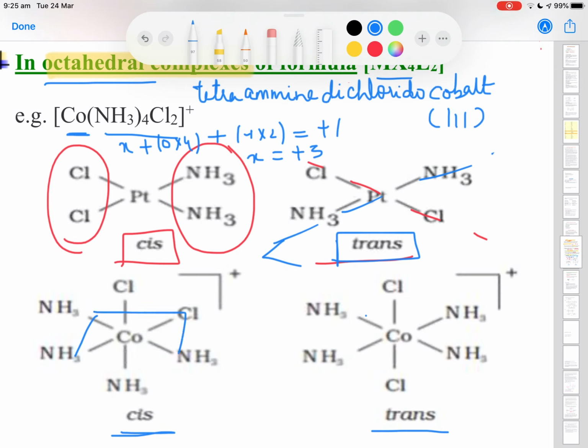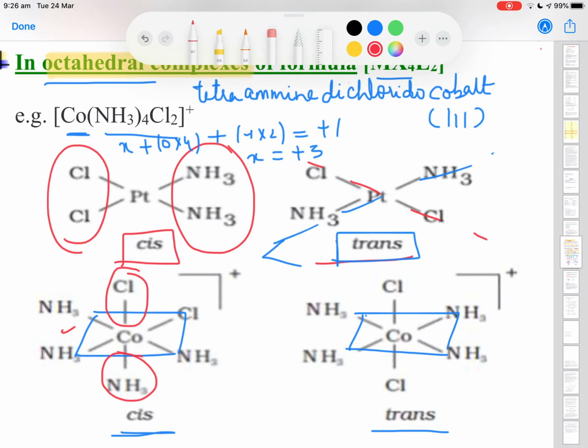So here is one plane for you. Here as well, this is one plane for you. To this plane, we are making a perpendicular line, that is a line passing through this plane which is half above the plane and half below the plane. That's to mark over here. I'm talking about this one and this one. So in 2D space, this is your planar structure. To this planar structure, one chlorido and amine are aligned perpendicular.